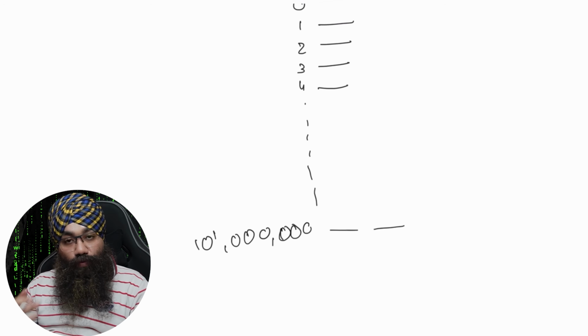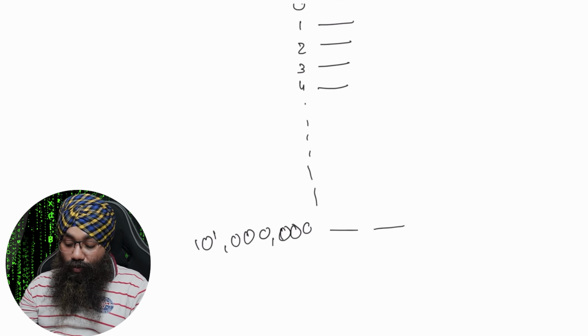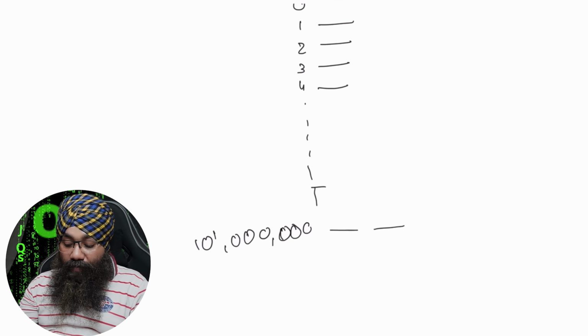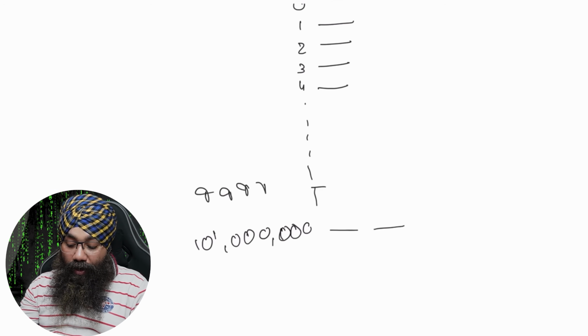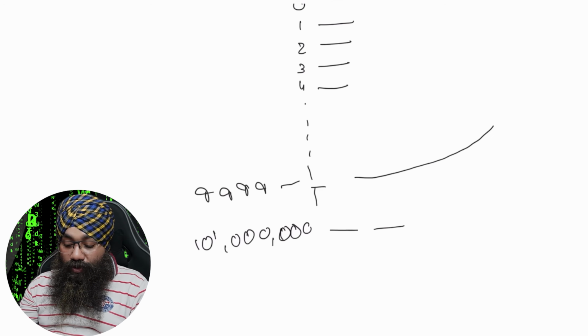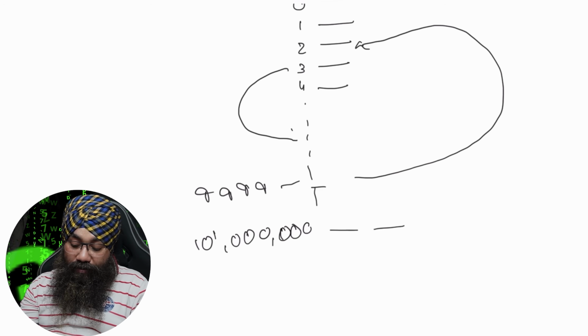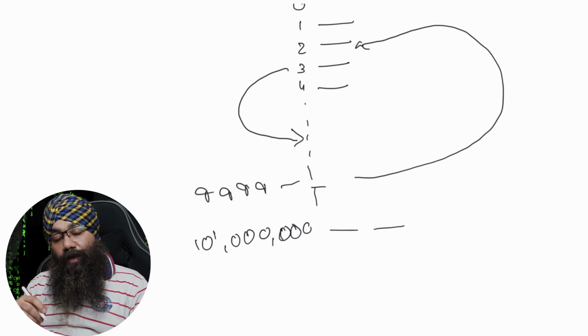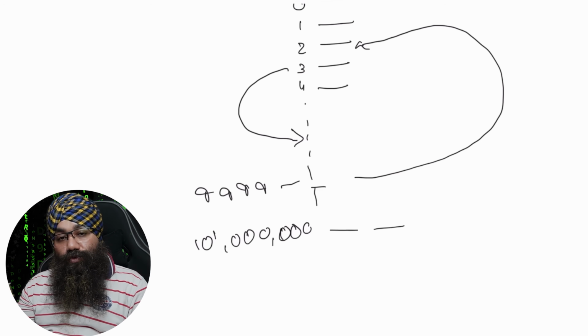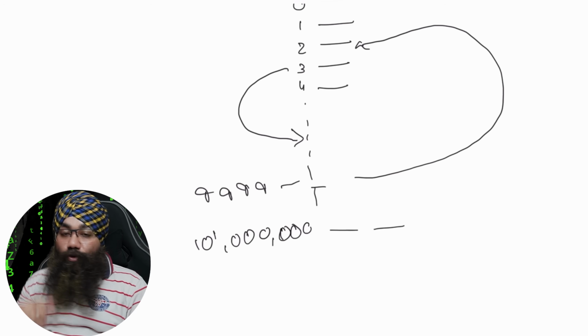Sometimes you have to flow your code back also. Between any line, maybe 9 9 9 9 9, you need to send the flow back to line number 2, and then from line number 3 you need to send the code back to some other line. So this approach becomes a nightmare to manage.